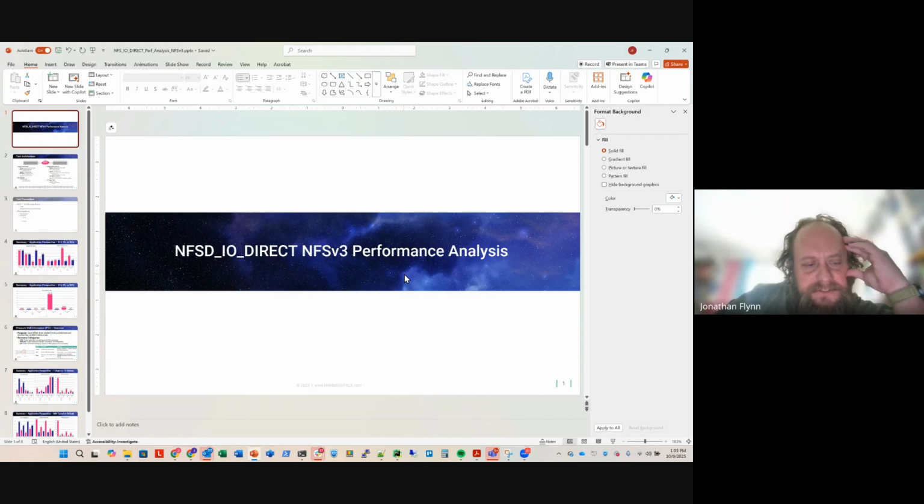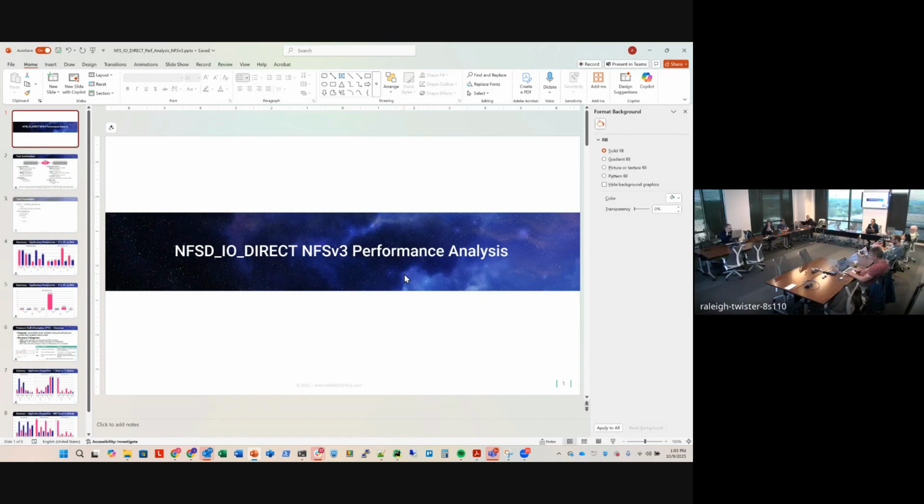Pressure stall information. Yeah, there you go. Yep. And so he has a bunch of PSI graphs to look at that speak to memory and CPU and IO pressure building over time as the benchmark runs. So John, feel free to take it away.